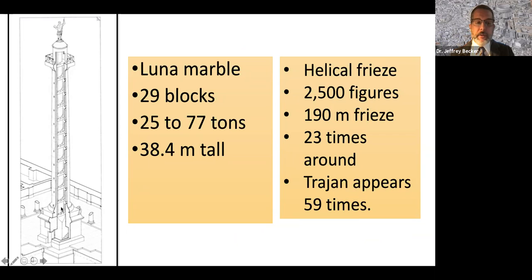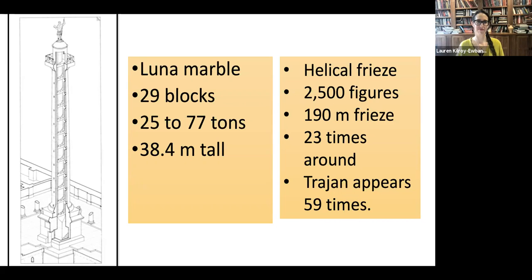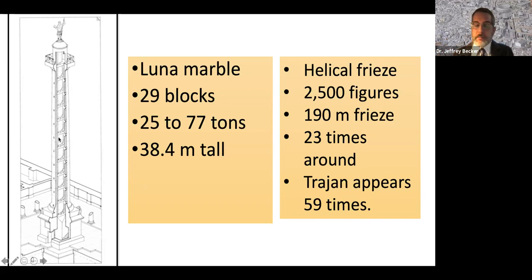So these blocks are probably roughed out at the quarry. They're then probably hoisted into place. You can see the excellent work of Lynn Lancaster on the dynamics of constructing the Column of Trajan. And then a lot of the carving of the finishing is done. And this includes the creation of the very cramped, spiraliform internal stairway.